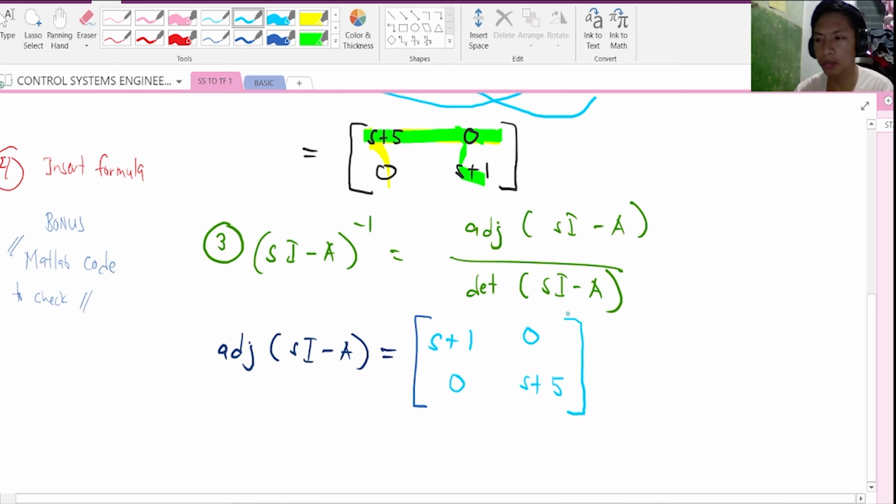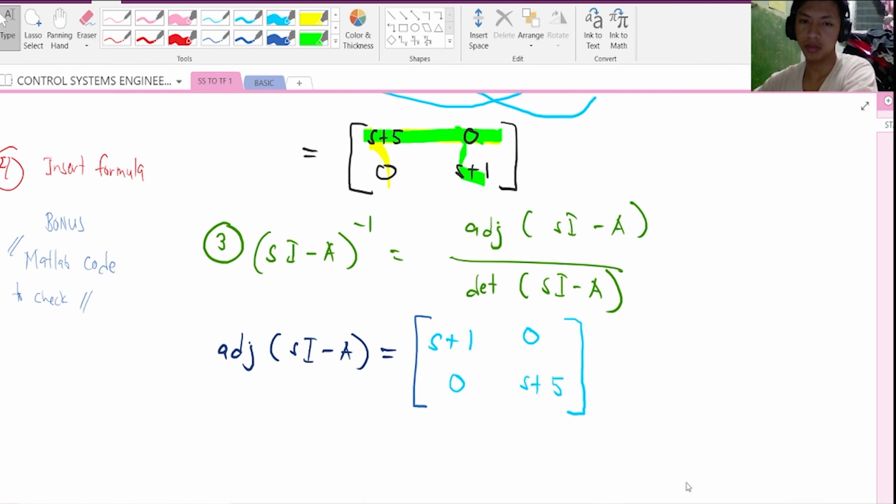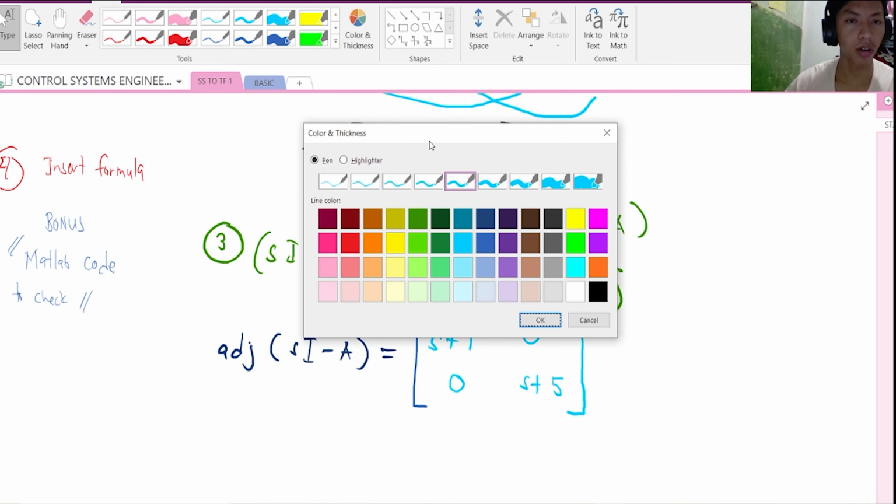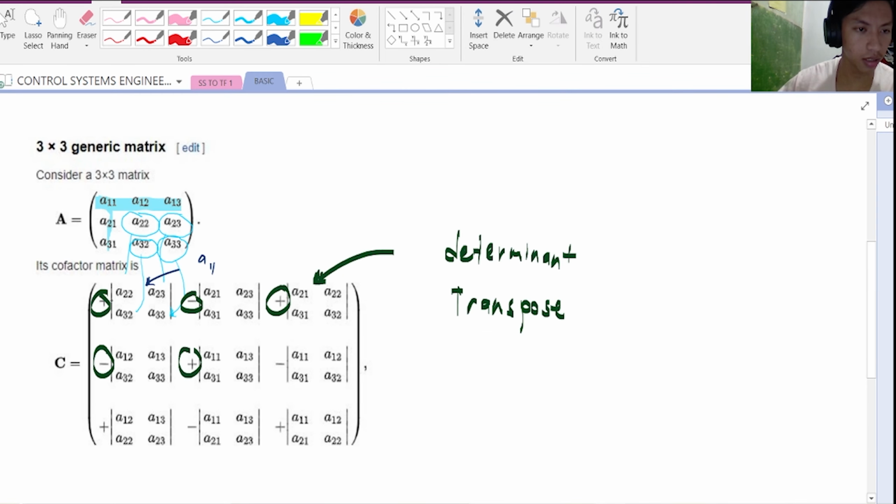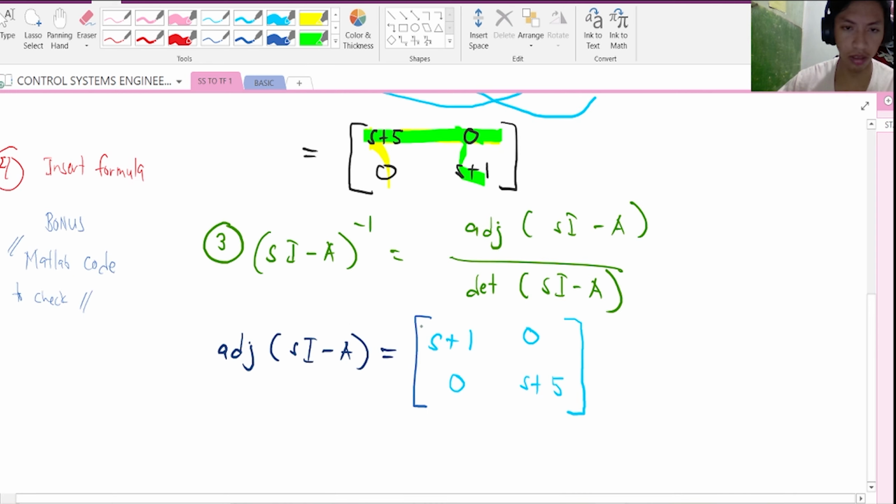So with that being said, if we're dealing with 3 by 3, we're going to find the determinant. Okay, so now what we're going to do next is apply this step, so plus minus.